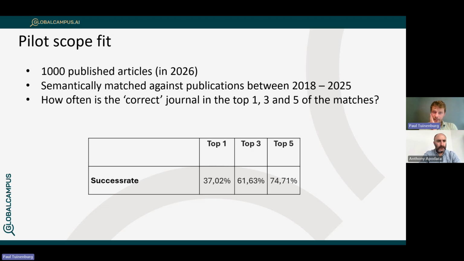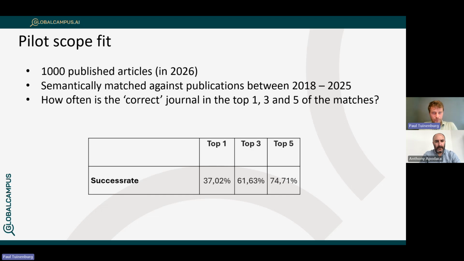Then we semantically matched against the publications between 2018 and 2025, and then checked together with this publisher how often we found the journal where it in the end was also published. Knowing, of course, that just the semantic match is not the only thing that is part of the equation of selecting a journal.